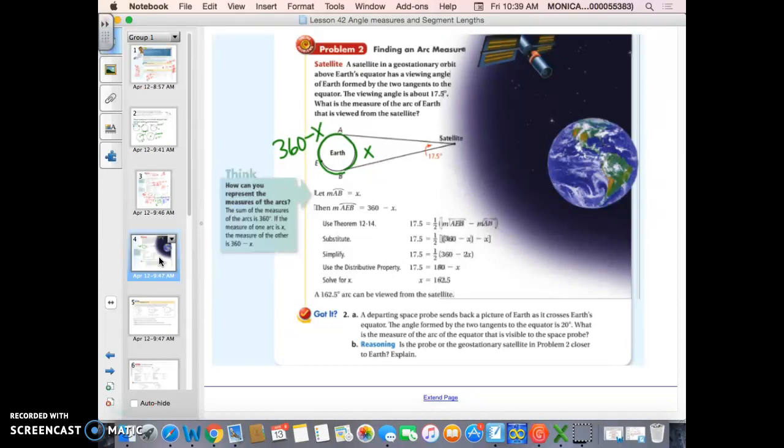And the big arc is 360 minus x minus another x. So that's where the 360 minus 2x comes from. Then you take half of 360, which is 180, half of 2x, which is x, or you could multiply 17.5 times 2, either or, right? Then you're going to subtract 17.5 minus 180, and you get 16.2.